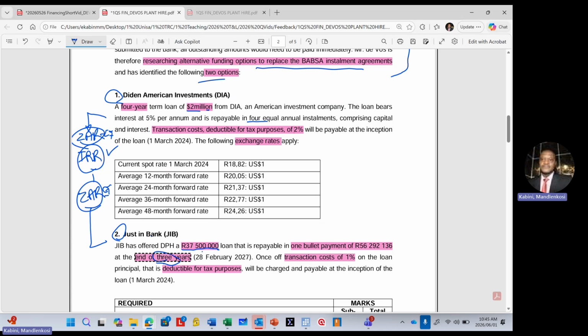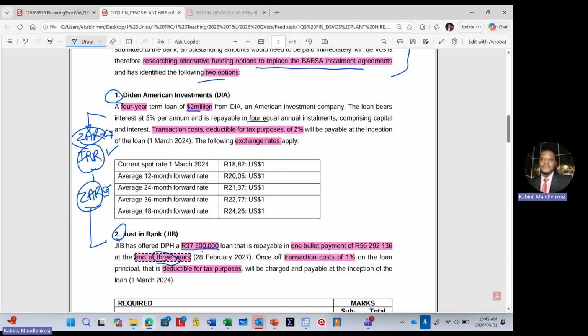So NPC only works if the loans are for the same period and for the same amount in the same currency. So IRR will then be a better option to use in the analysis because IRR gives us the average cost per year.